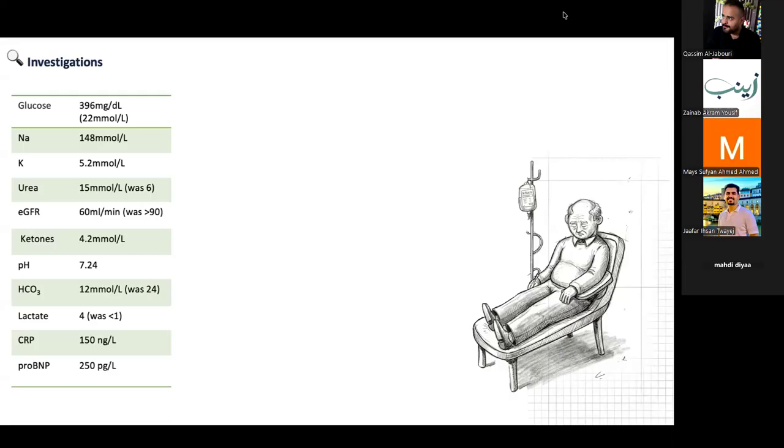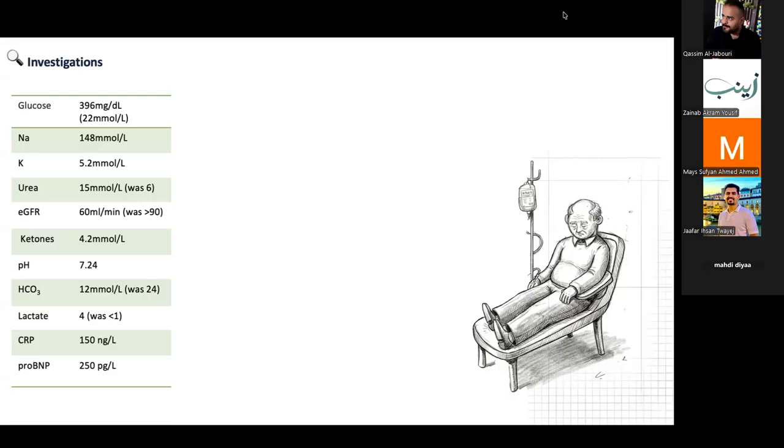What's the trigger in your opinion? The surgery itself. Okay. The decreased oral intake. Maybe DVT also. And what would be the cause of high CRP? The surgery itself can cause high CRP, but infection most likely.